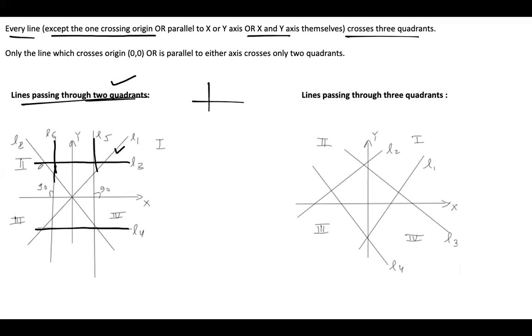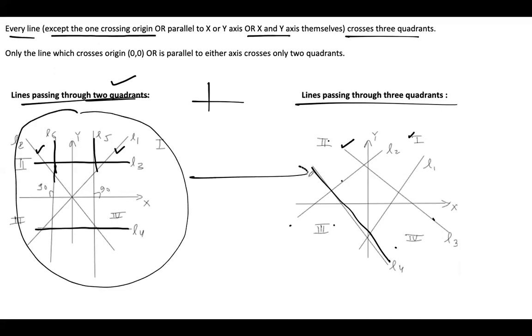Similarly, the lines that are passing through the origin are also passing through 2 quadrants. And of the other lines, this line is passing through quadrants 1, 2, and 4. This line is passing through quadrant 1, 2, and 3. This line is passing through quadrant 2, 3, and 4. So if the lines are not like the earlier ones, they will definitely pass through 3 quadrants.